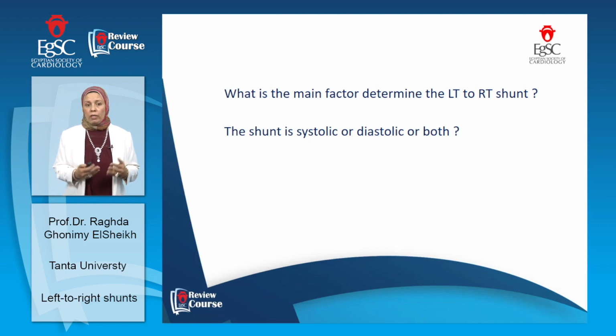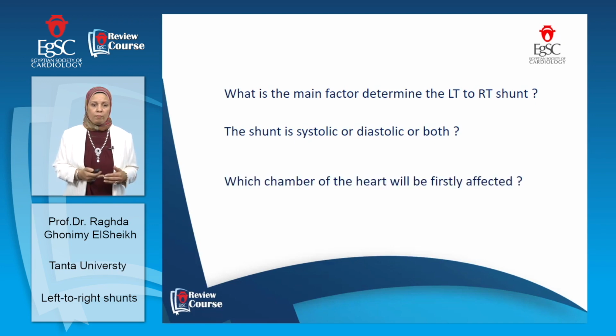Why? Because in the carotid arteries we have a difference in both systolic and diastolic pressure. The aortic pressure is greater than the pulmonary pressure in both systole and diastole by about 4 times. So in cases of PDA we can appreciate a continuous flow in systole and in diastole.